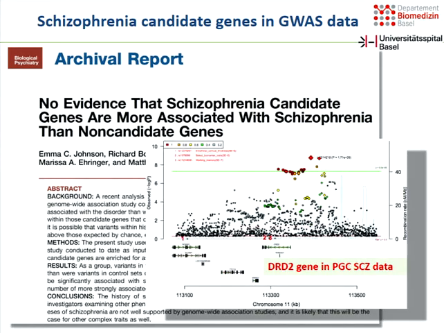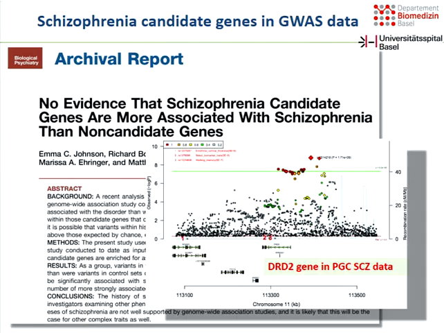I mean, there are also examples, like here I'm giving this example of the dopamine D2 receptor gene. This is a gene that is one of the first candidate genes in schizophrenia. And I remember in my own diploma thesis, I worked on dopamine receptor genes in psychiatric diseases, and that was in the 1990s. And here you see in the latest freeze of the PGC schizophrenia GWAS, the dopamine D2 receptor gene pops up, so it's genome-wide significant now.